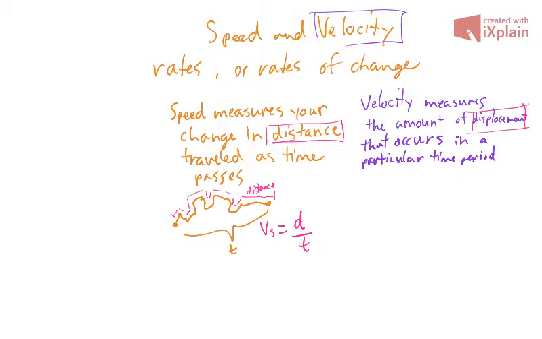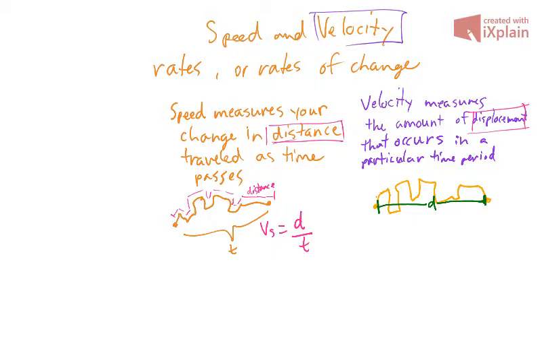So this means you got point A, point B here. This may be where you went. All right, that's your journey, but your displacement is going to be this distance.